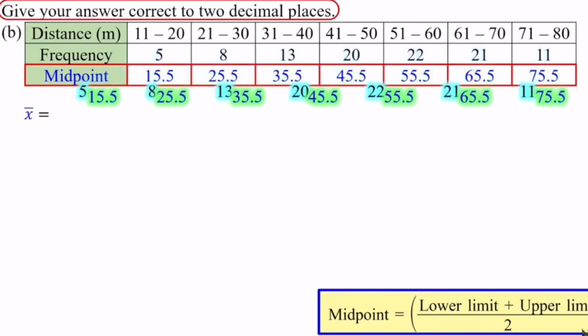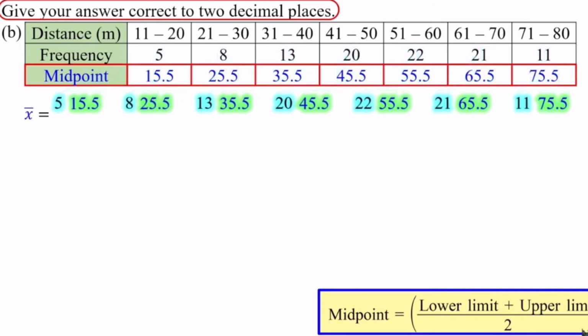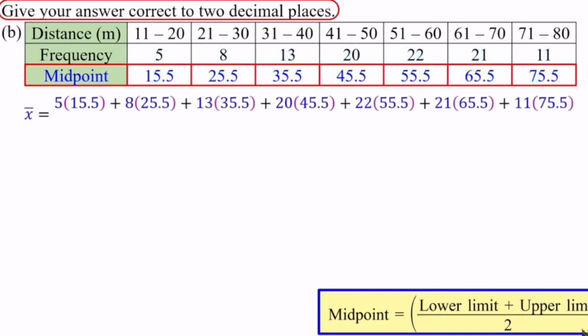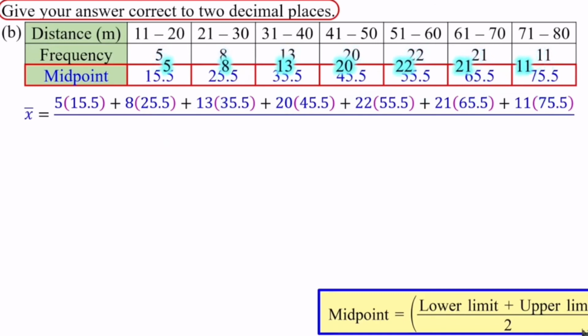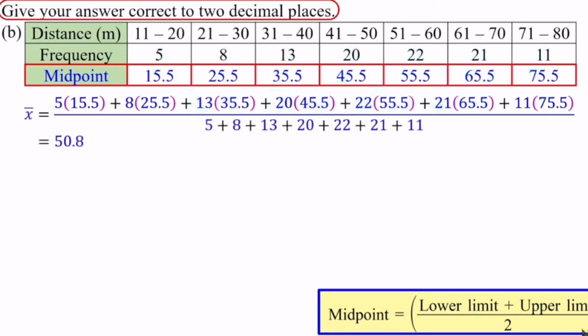Summation means plus 5 times 15.5 plus 8 times 25.5 plus 13 times 35.5 plus 20 times 45.5 plus 22 times 55.5 plus 21 times 65.5 plus 11 times 75.5, and we draw a long line to divide by the total frequency, which is 5 plus 8 plus 13 plus 20 plus 22 plus 21 plus 11. So the mean is 50.8.